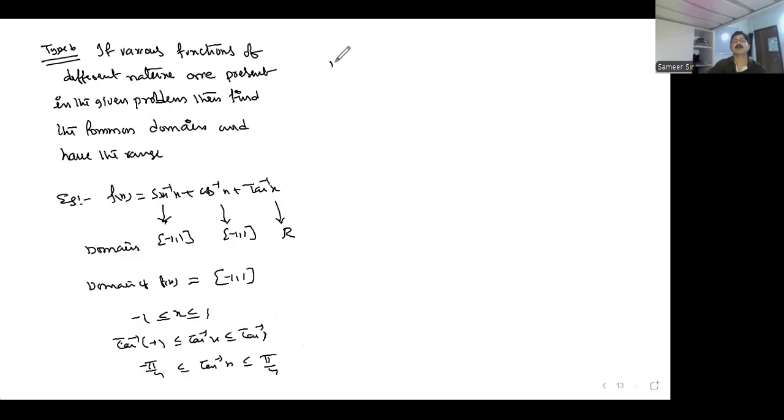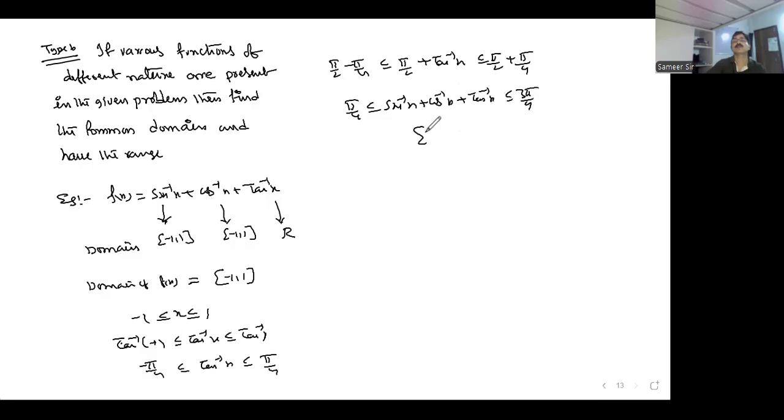Adding pi by 2 now. So pi by 2, if I add it, I'll get here pi by 4 less than or equal to this. You can write sin inverse x, cos inverse x, tan inverse x, 3 pi by 4.